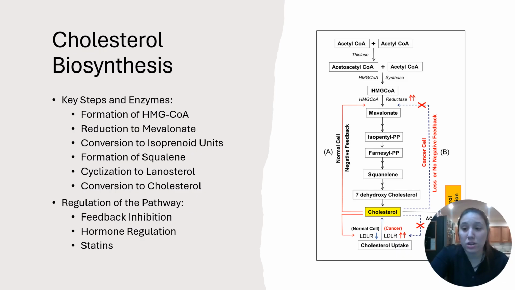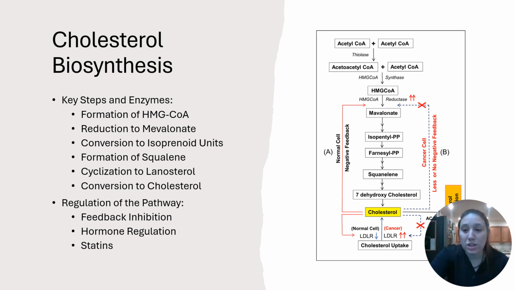So then squalene undergoes cyclization to form lanosterol, which is a key intermediate in the biosynthesis of cholesterol, and these enzymes are squalene epoxidase and lanosterol synthase. Lanosterol then undergoes a series of 19 additional reactions, including demethylation, reduction and isomerization, and this produces cholesterol.